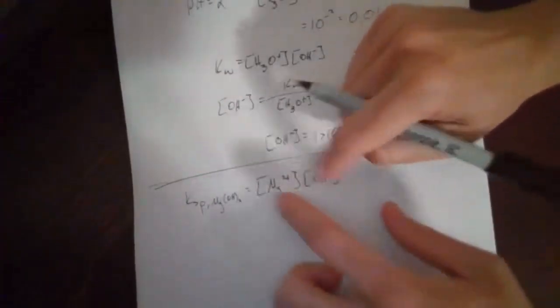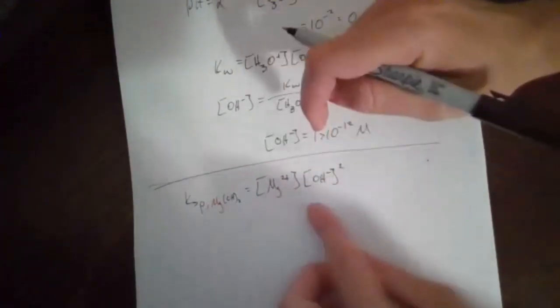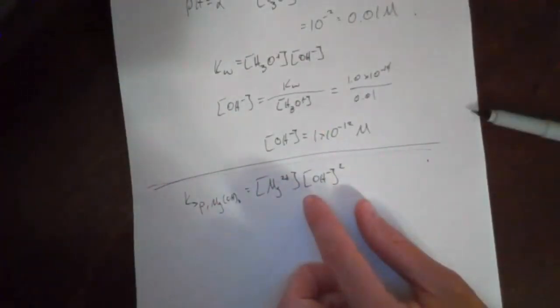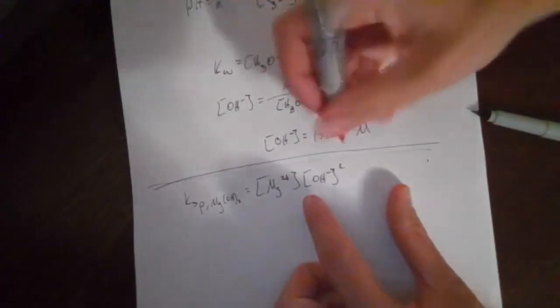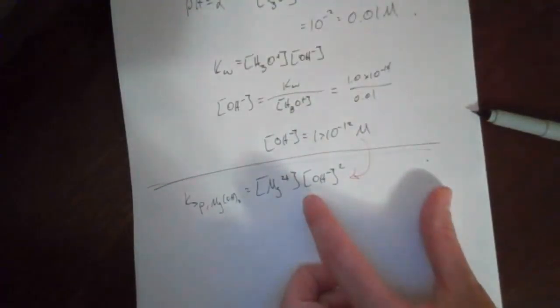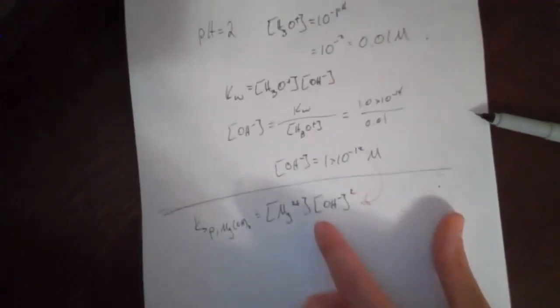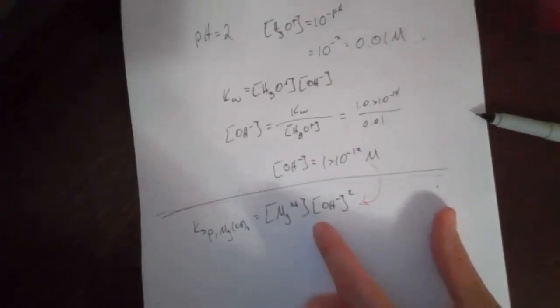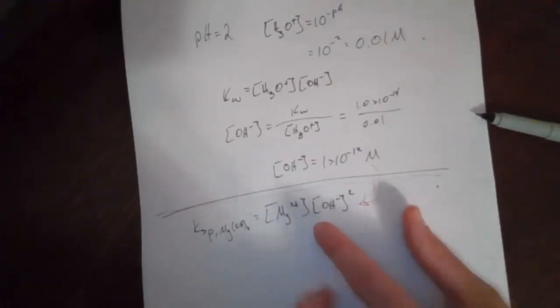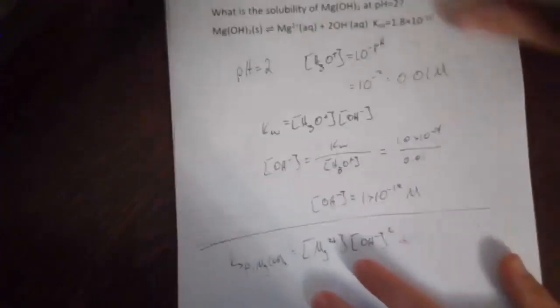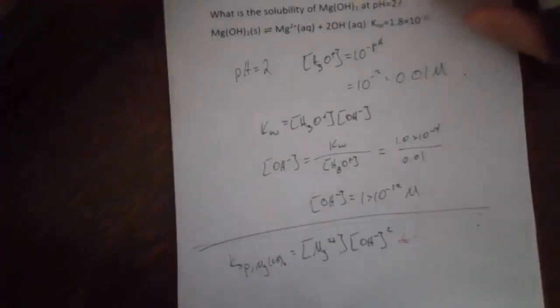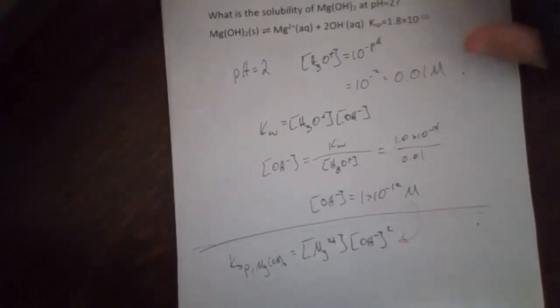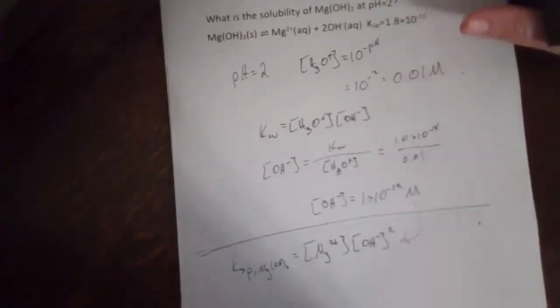Normally we think about these two ions coming from dissolved solid, but in this case, hydroxide comes from right there. The hydroxide is in solution because of the acid-base chemistry, because it's pH 2. And so we can make a little bit of approximation that the concentration doesn't change. You're just at this pH 2. You have enough acid to maintain pH equals 2. And so what we would do then is plug that value in.